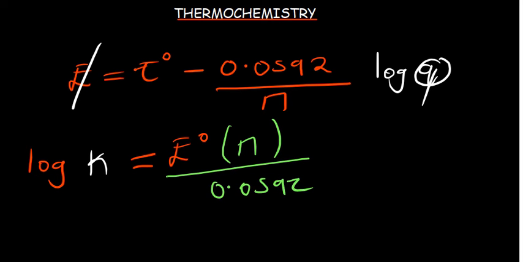So this is very simple. It's just like you remove that guy there, take this to the other side, and then make Q the subject. That's when you're asked to find the K.